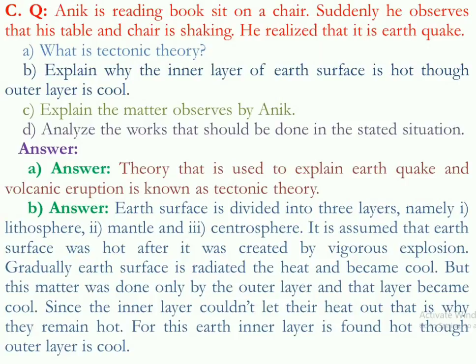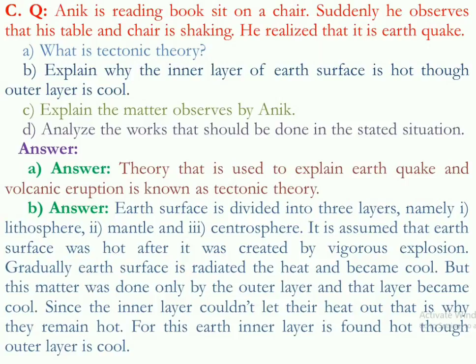Since the outer surface is outside and the inner surface is inside, the outer surface radiated heat fast and became cool, but the inner surface heat couldn't get out. That is why the inner surface is still hot, and for that reason the inner layer is found hot but the outer layer is cool. So that is the answer of question number B.